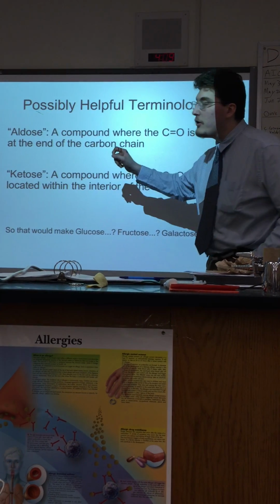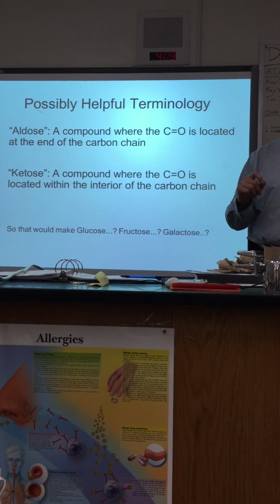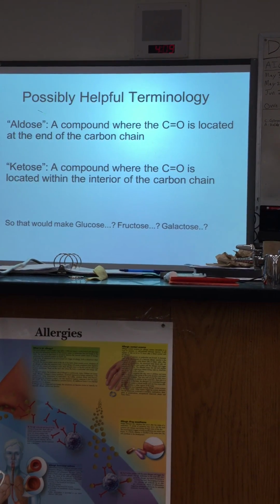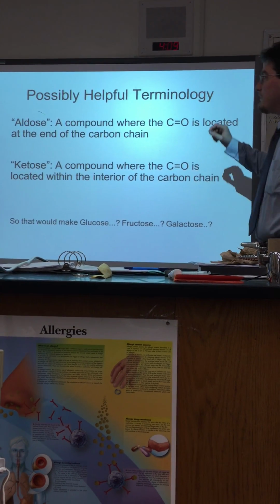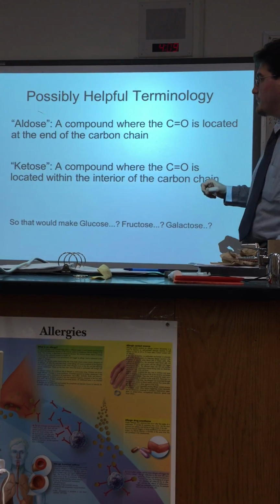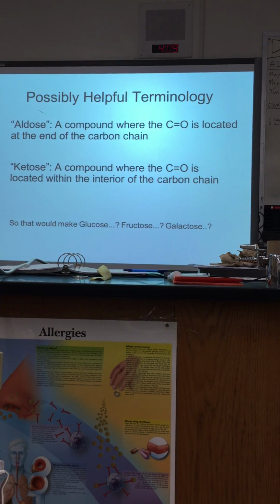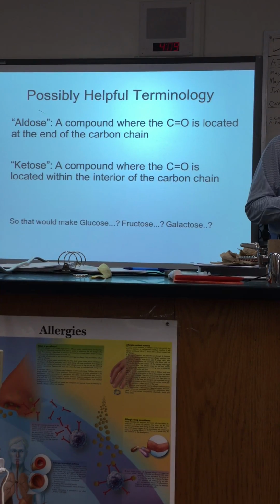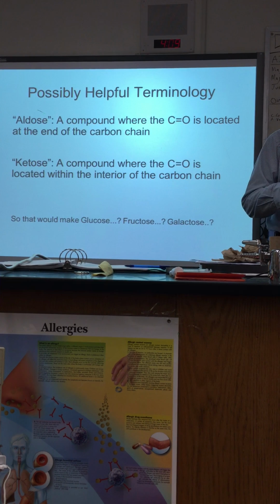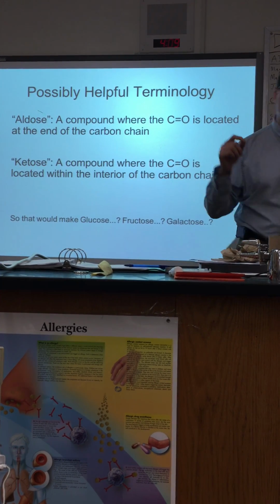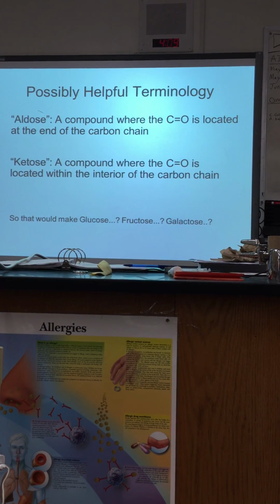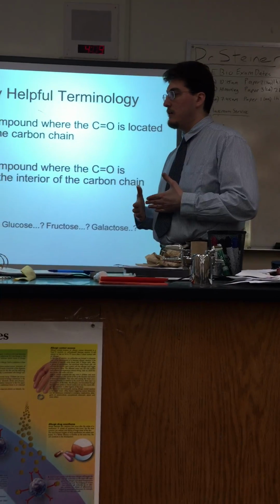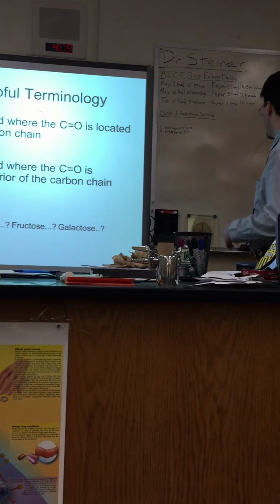But aldose and ketose sugars, the distinction between them is that in an aldose sugar, the compound has a carbon-oxygen double bond that is located at the end of the carbon chain as an aldehyde group. A ketose sugar has the carbon-oxygen double bond located in the interior of the chain, a ketone group.